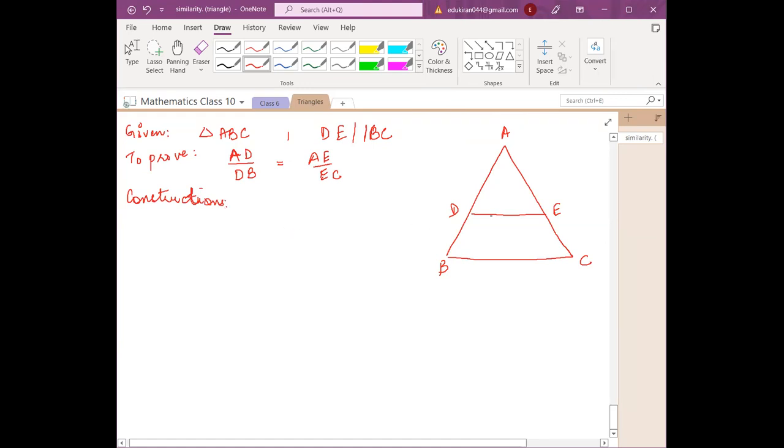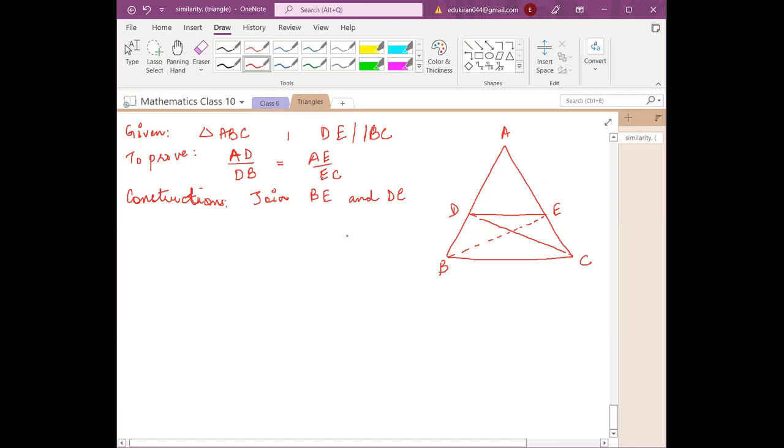So I'll just break it into triangles. So I'm just joining these two points. Clear? So this is one construction, that join BE and DC. Clear? Yes, ma'am.